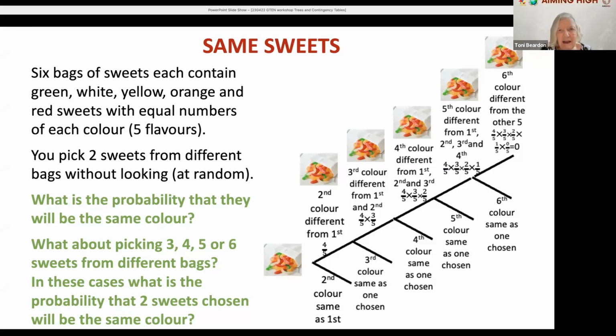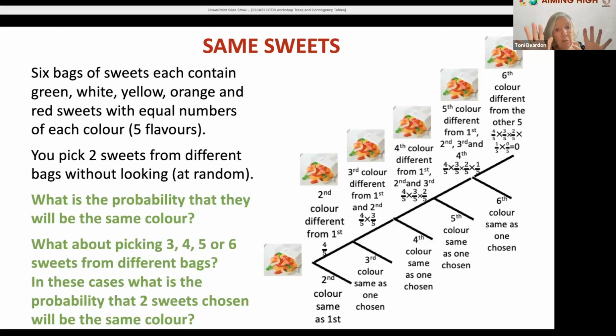So we have 6 bags here, and from the first bag, you draw, it doesn't matter which color. The question is, what happens? Is the second color the same as the first, or is it different?